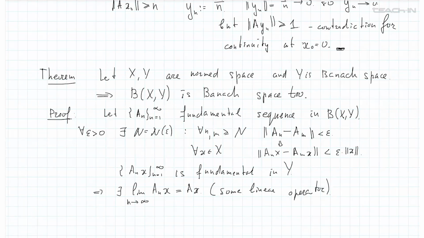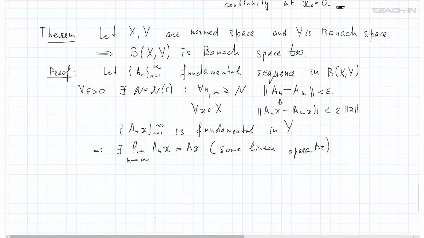So as usual, when we prove the completeness of a space, first we obtain the limit object, the limit of a fundamental sequence, in a weaker sense. It is not a uniform limit, it is a pointwise limit, yes? So we must show that it is uniform. Again, take this inequality.